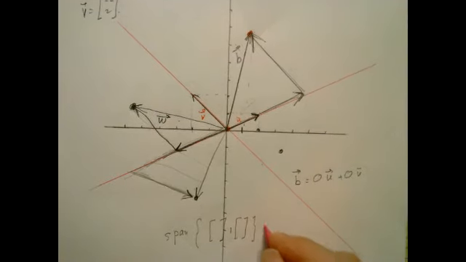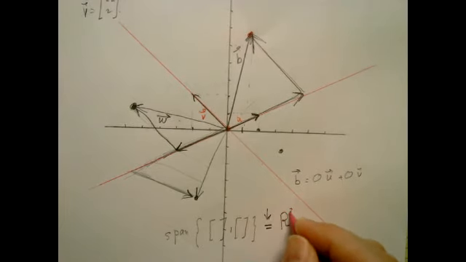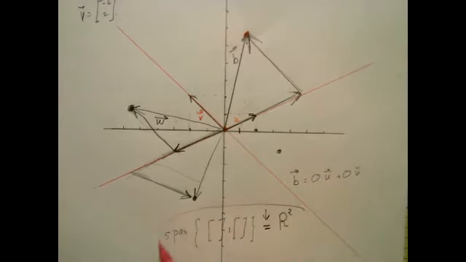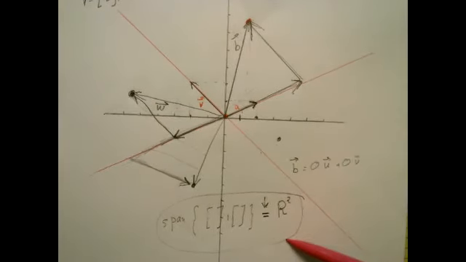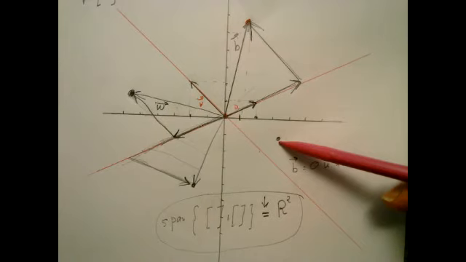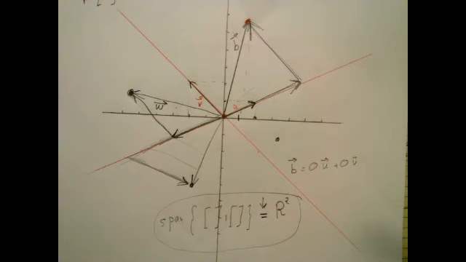So it means we will say next time that the span of those two particular vectors is going to be everything in R2, meaning every ordered pair of numbers. I can write any of them as a combination of those two specific ordered pairs.